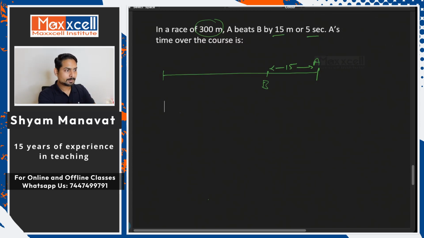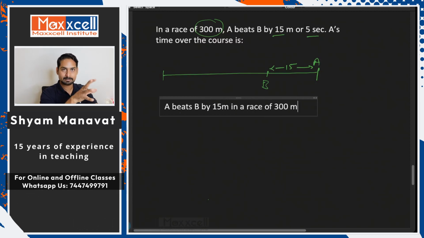So here they are trying to say when A beats B by 15 meters in a race of 300 meters. If I take it from the distance point of view, what does it mean?